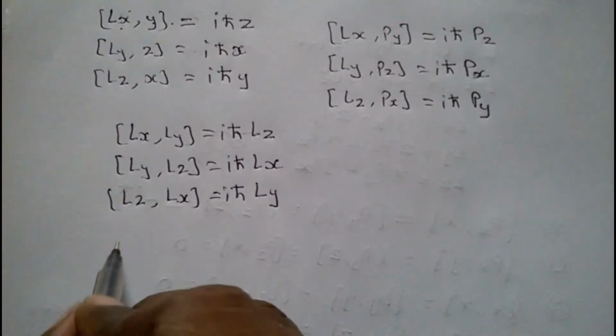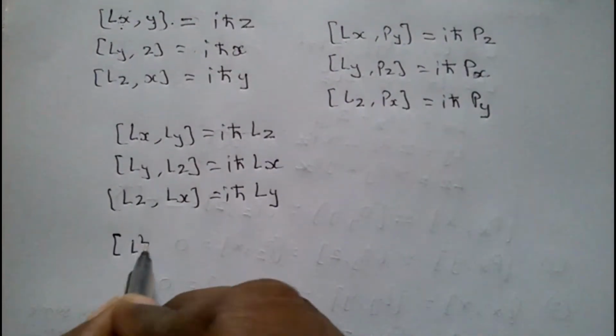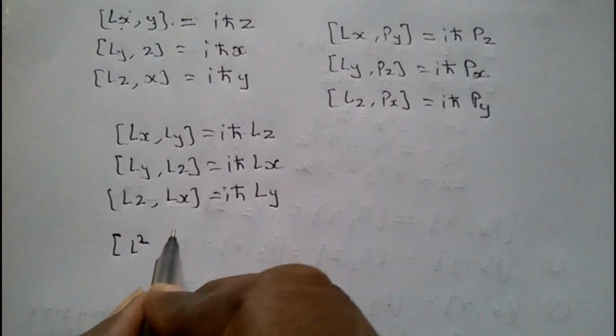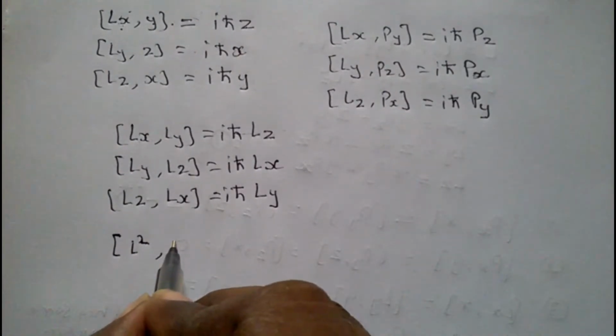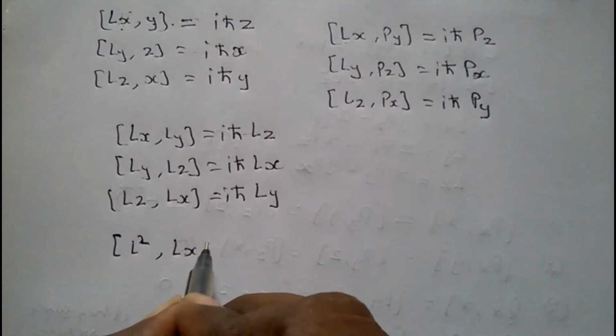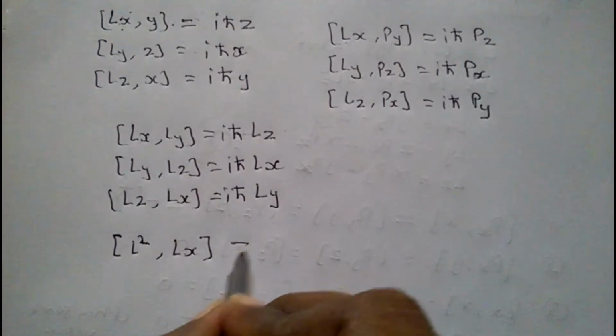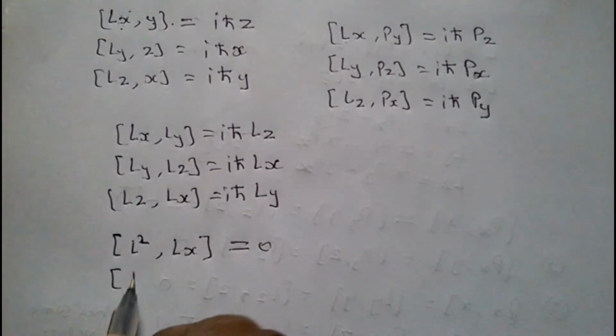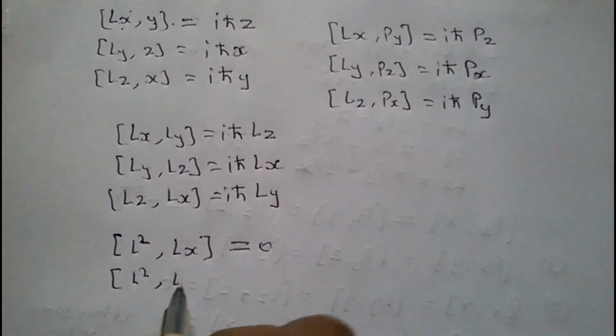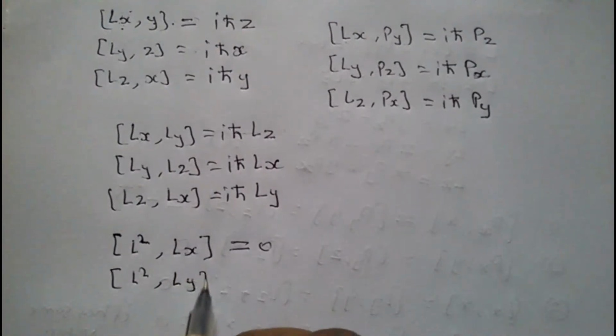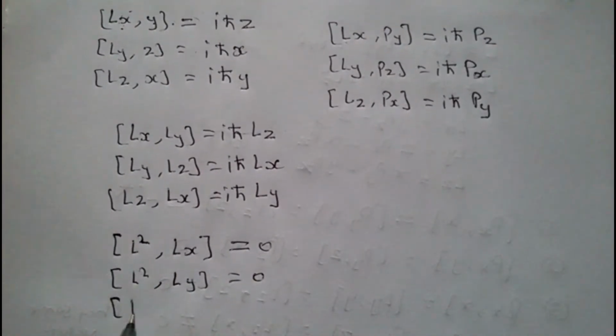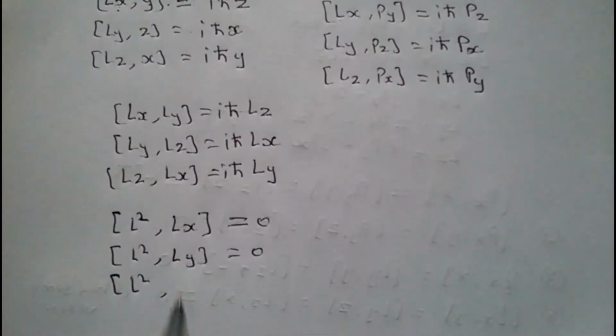And now the square of angular momentum L squared with the x component Lx is 0. So L squared with Ly equal to 0. L squared with Lz equal to 0. We have to learn this, remember this, it's very easy.